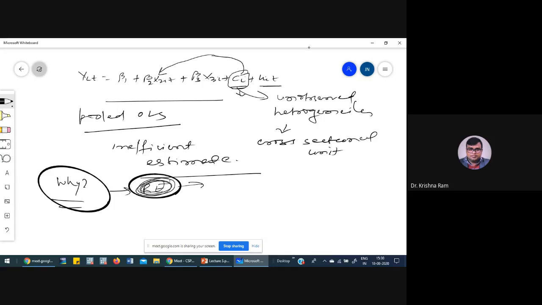When we talk about the assumptions, let's suppose we are saying that u_it and u_is are equal to 0. That means the error term of u_it and u_is is 0, so t belongs to one time period and s belongs to another time period.